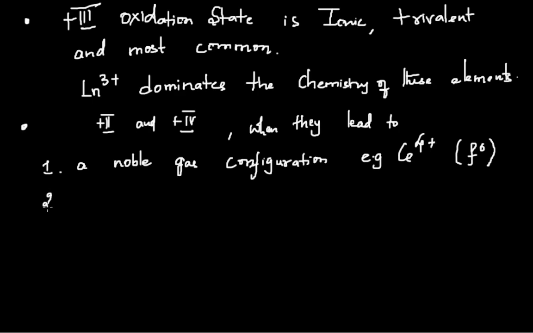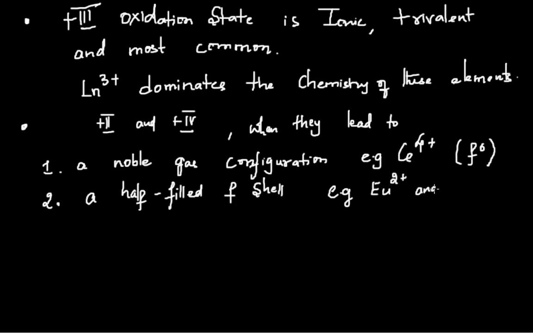So plus 4 oxidation state can also exist. Half filled f shell, example Eu2+ and Tb4+. Now these are f7.